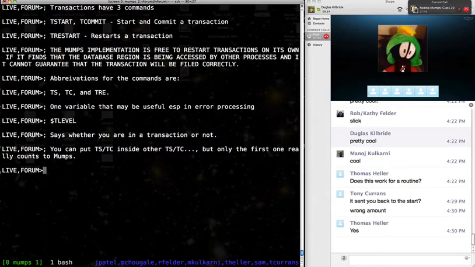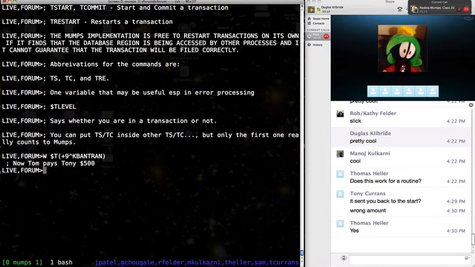All right, let's see. So these are all the transaction commands, and all of them are really easy to use except the TSTART one. So let's talk about TSTART some more. If you remember, let me write the syntax, and I can't remember what the line was. Was it write $TEXT of +9 of caret KBANDTRAN?